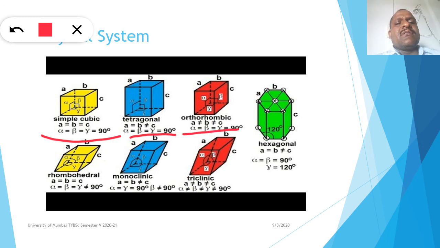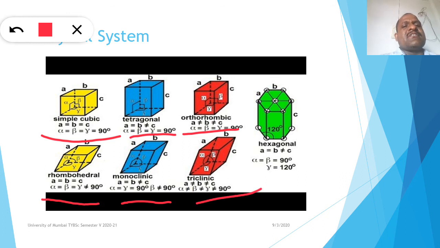In rhombohedral, all 3 sides are the same, alpha, beta, gamma angles are also the same, but not equal to 90 degrees. In monoclinic systems, 2 sides are the same, one different, but alpha, gamma are 90 degrees, beta is not equal to 90 degrees. In triclinic systems, all 3 sides are different, and all angles are not equal and not equal to 90 degrees. So this you have to understand as the 7 crystal systems.